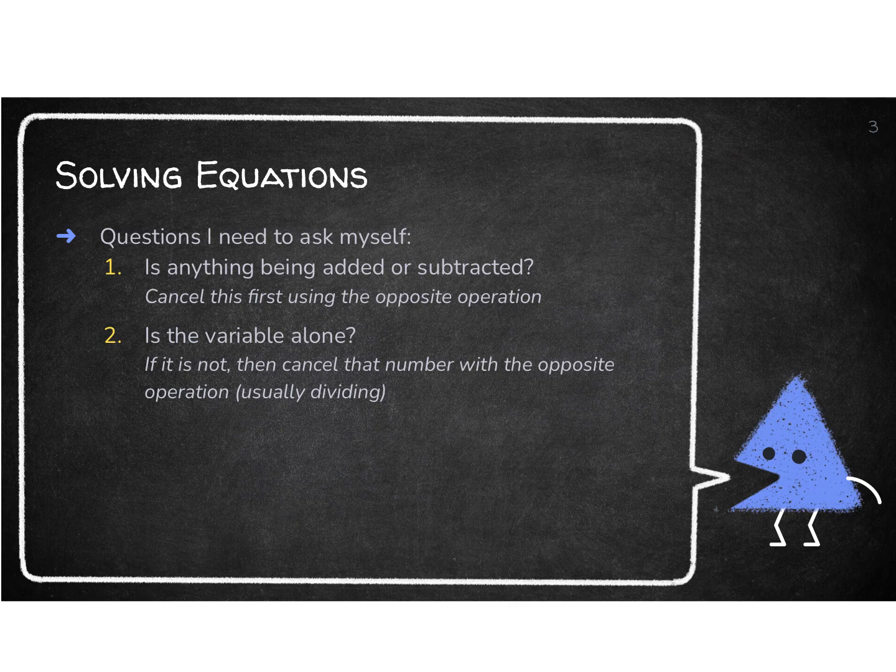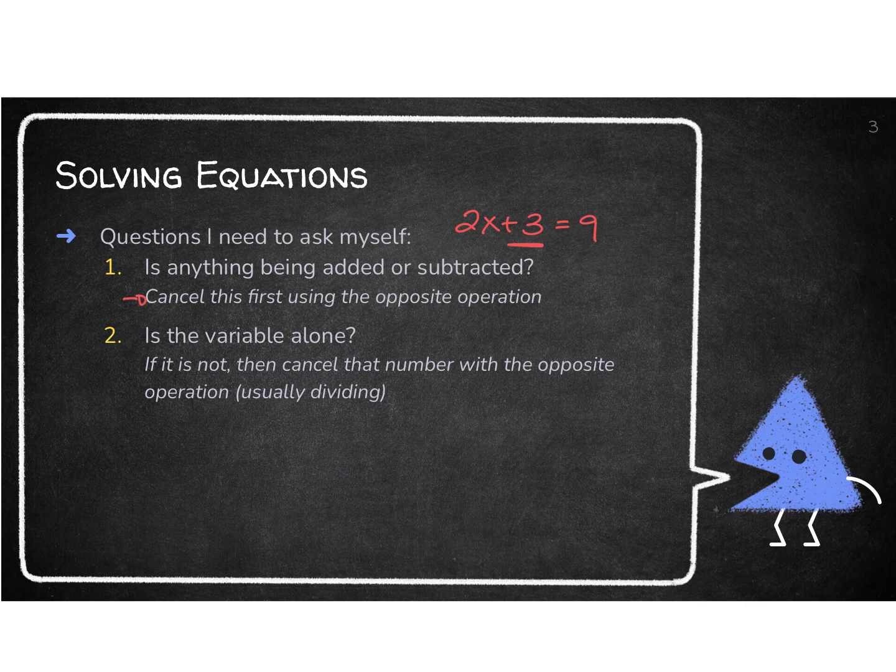So the first thing you always want to ask yourself is, is anything being added or subtracted? Okay, so if I'm looking at something like 2x plus 3 equals 9, I have something being added here, that plus 3. So the first question is, is there anything being added or subtracted? Anytime you say yes to that question, then you need to cancel that first using the opposite operation.